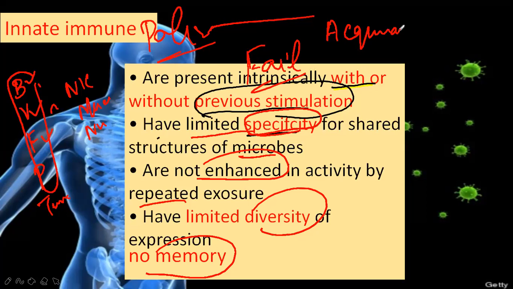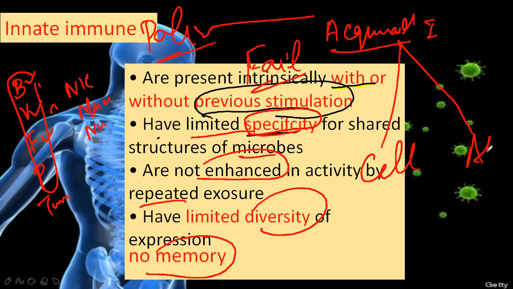Understand? Then acquired immunity sees the situation, using cells or using antibodies, and tries to remove that bacteria and that virus, like this. So this is how our immune system is working.